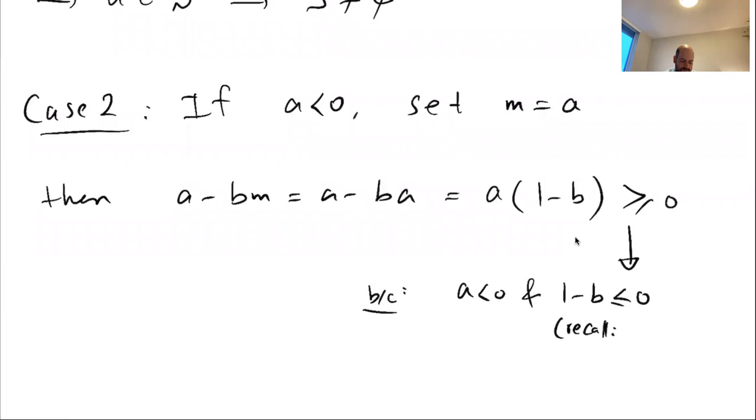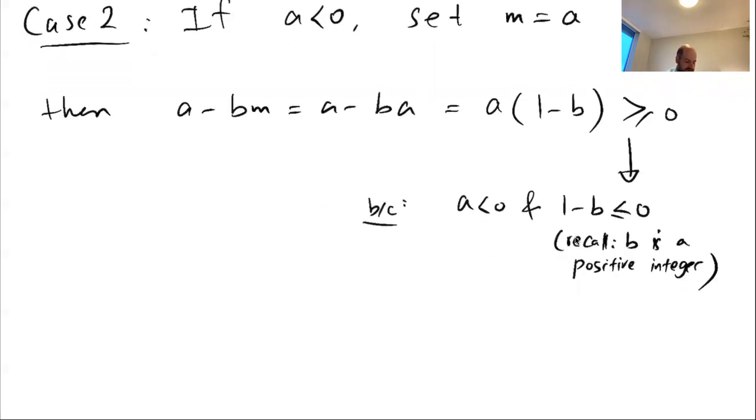Recall, b is a positive integer. One minus a positive integer is less than or equal to 0, right? And a is less than 0. So if I multiply two numbers where one of them is less than 0 and the other less than or equal to 0, the result becomes bigger than or equal to 0.